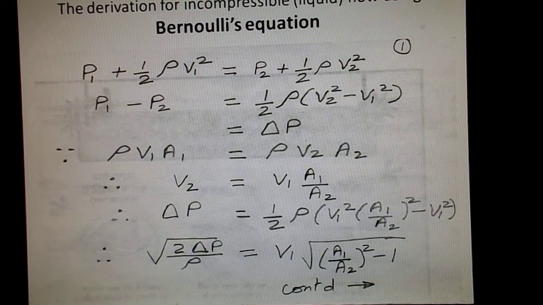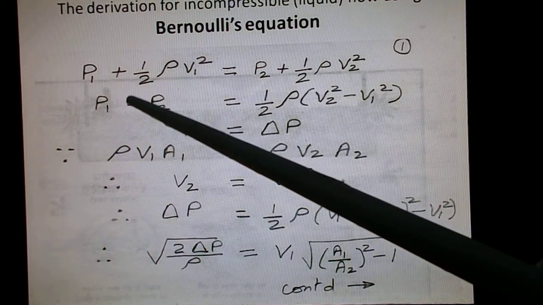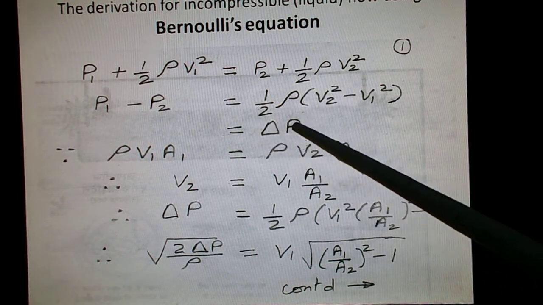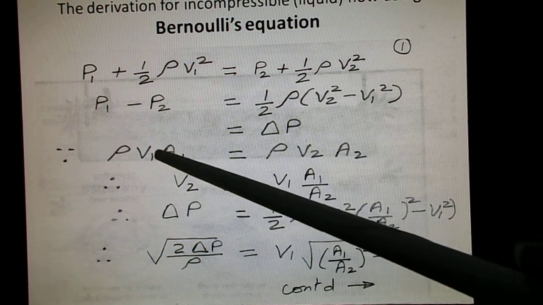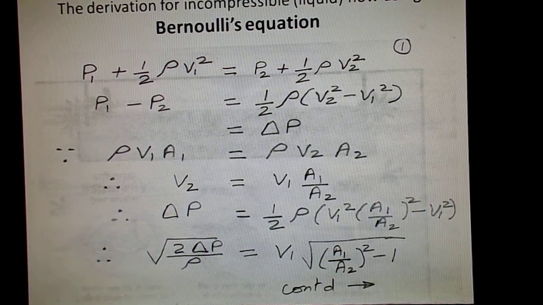Here is the derivation with the help of Bernoulli's equation. So we get P1 minus P2 equal to delta P equal to this, and from the conservation of mass principle, density times velocity times area is constant at any point.